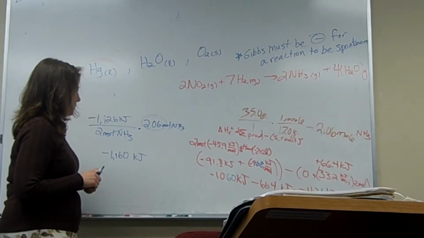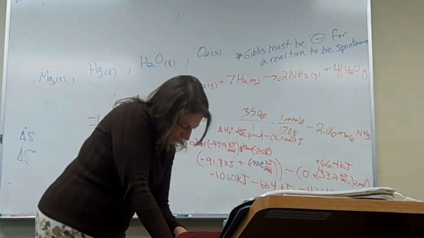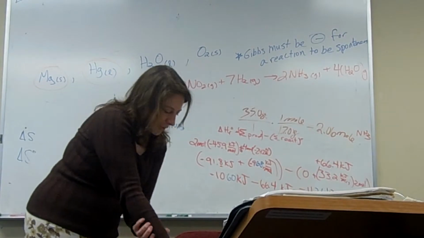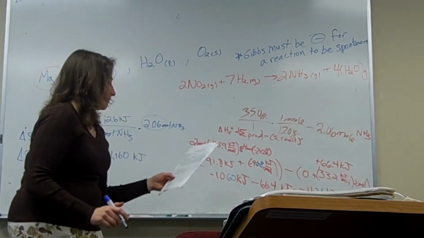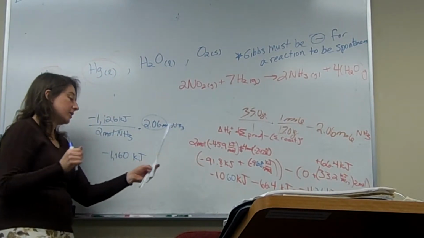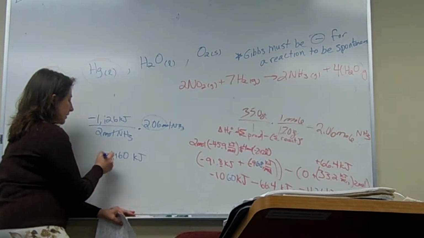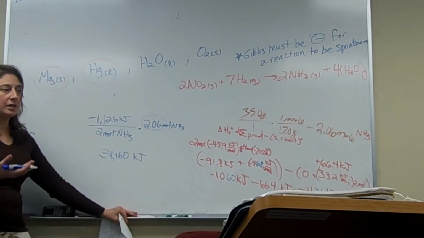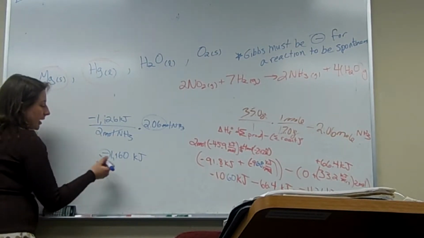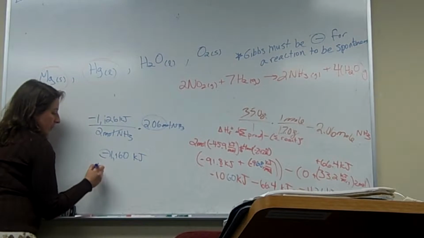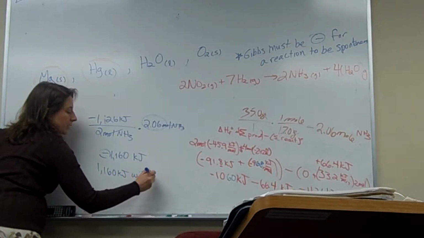Yeah, change the sign. I said, how does it change? Let me think. Because if you don't keep the negative when you put it on the product side... Okay, so this is essentially semantics. The question says, how much energy will be released? Well, when energy is released, enthalpy is negative, because that's the definition of exothermic. So if I'm literally writing how much energy will be released, I would say 1,160 kilojoules of energy will be released.